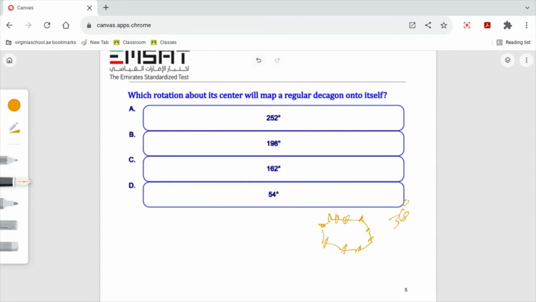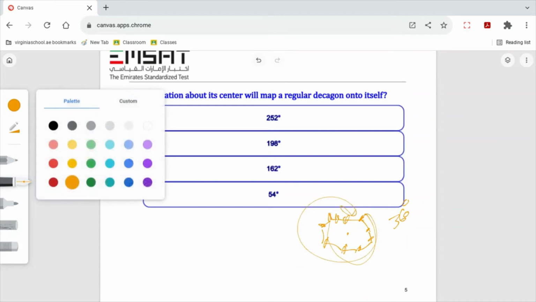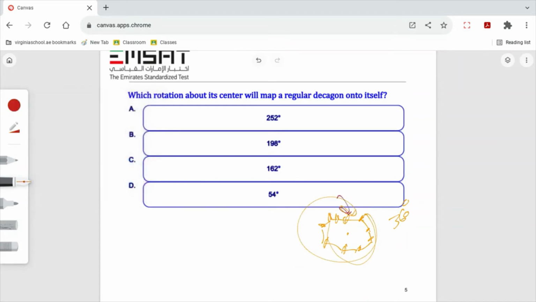This is the center of the regular decagon. Let's pretend the decagon is starting from this point and rotated one by one, so let's pretend this is 36 degrees and 36 degrees and so on.